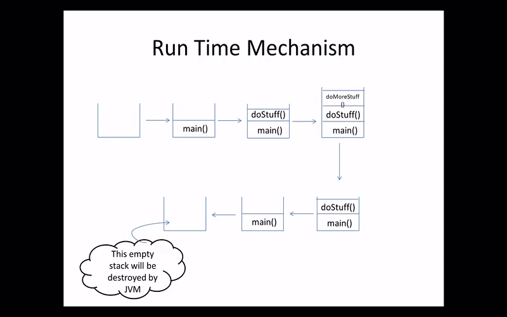Once that SOP statement is printed, doMoreStuff will be removed from your stack. Then main method is removed, and at the end your stack is empty, and that empty stack will be destroyed by your JVM. So this is the runtime stack mechanism in our thread.